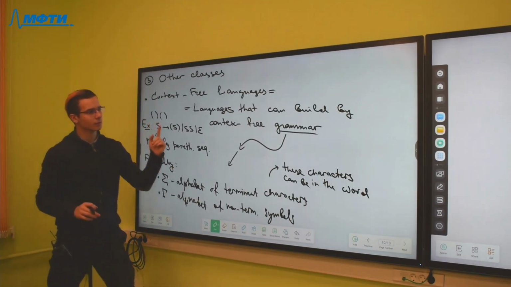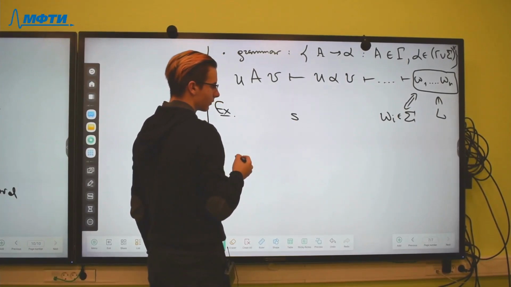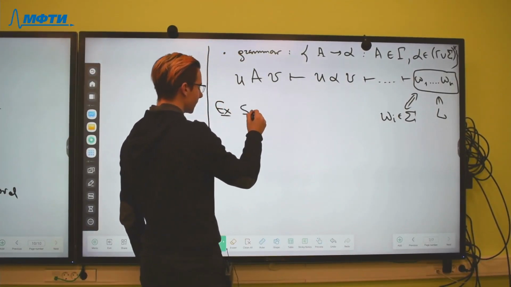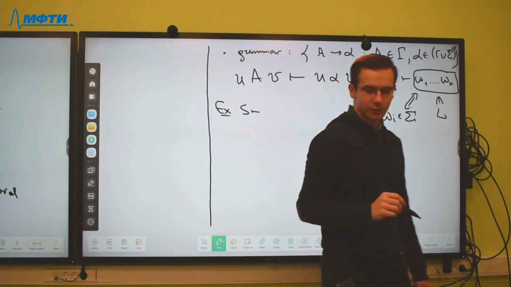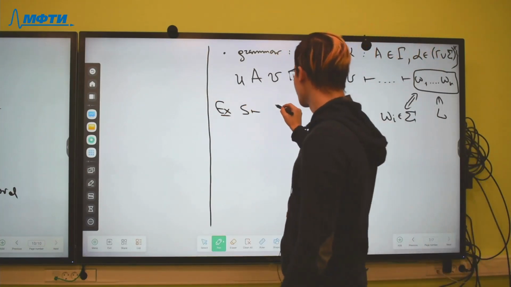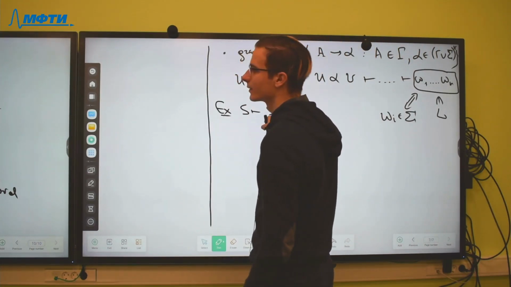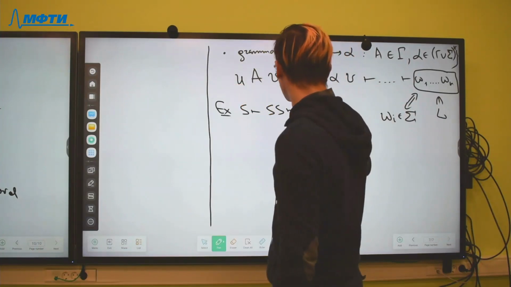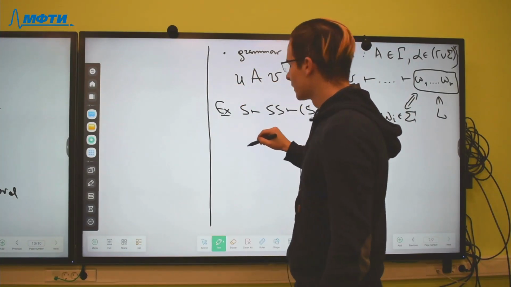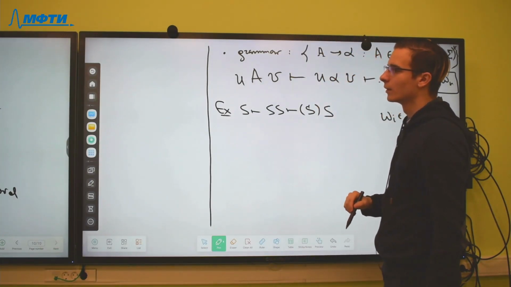For example, we start with the S. We transform it by the second law to SS. Then transform first S to S in the parentheses.